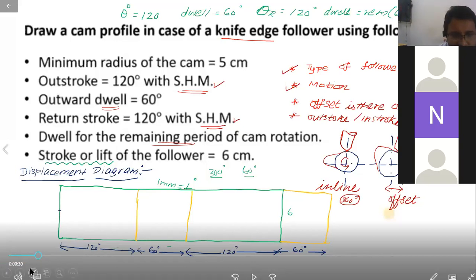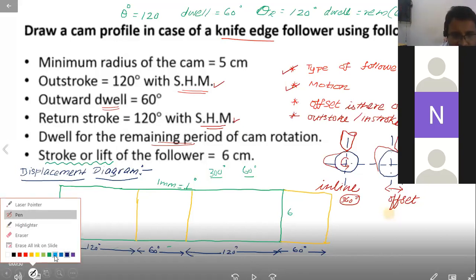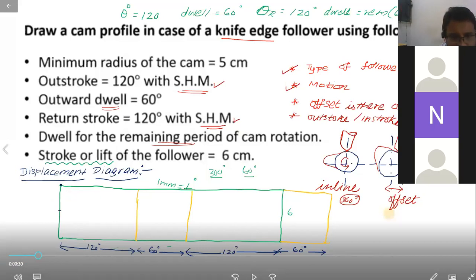Now with this as a center, draw a semicircle. You can draw this semicircle using a compass. If the diagram is very small, you can use pro circles, but here it is 6 centimeters, so we cannot use a pro circle. We have to use a compass. So this is the center, and you have drawn that circle.